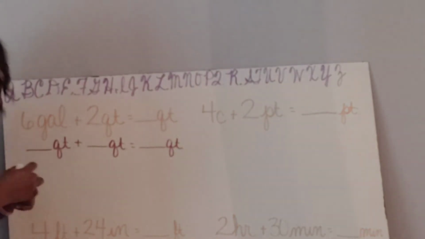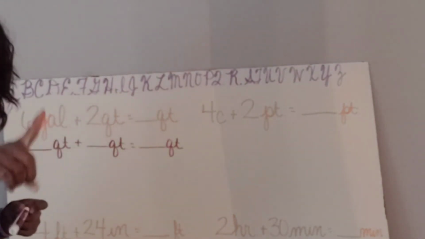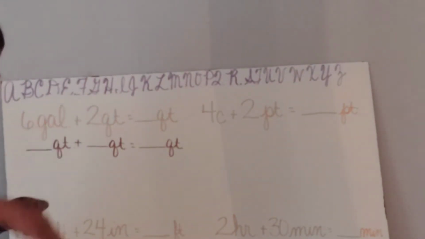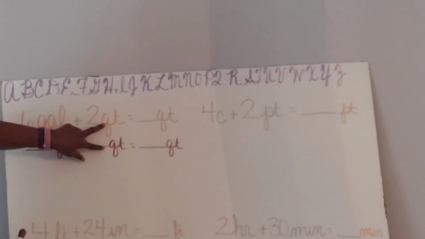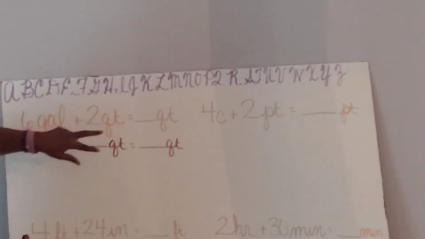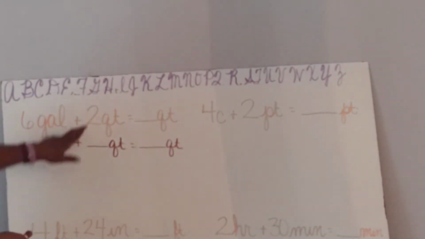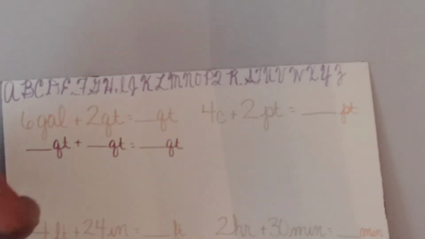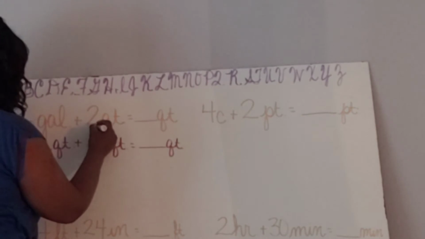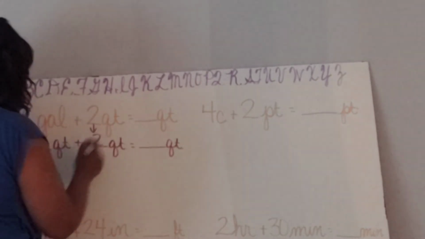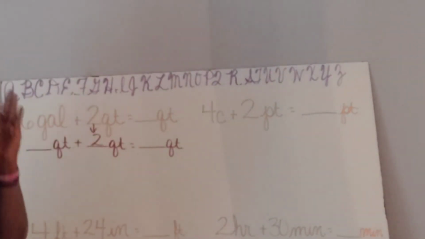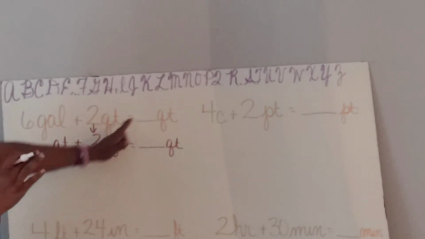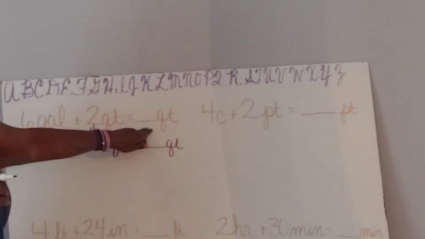We don't know our quarts, but we do know one of the parts, because at least there are 2. So if there's 2 quarts here and this is quarts, then we bring that same number down, because quarts are going to equal quarts. At least we have 2 quarts, but we don't know the final number of quarts that we have.